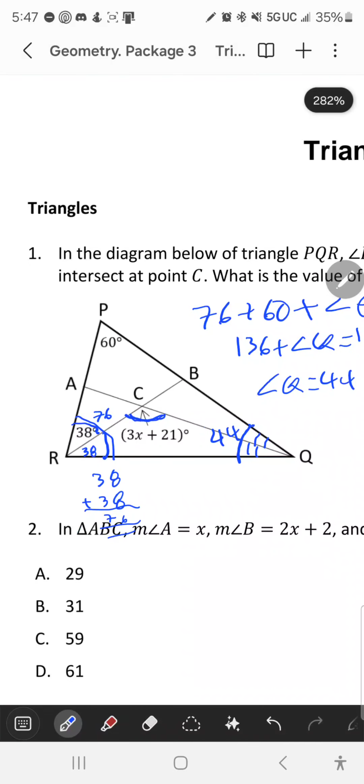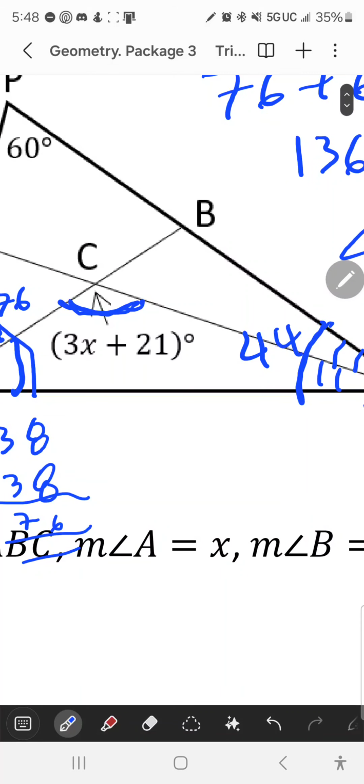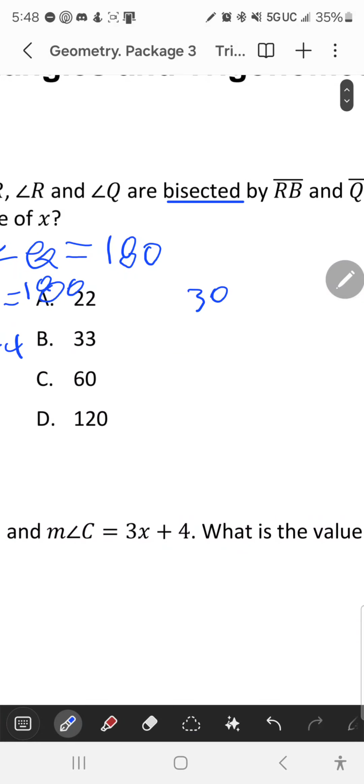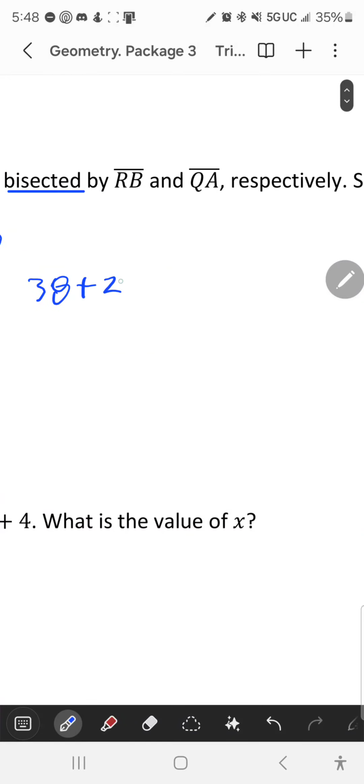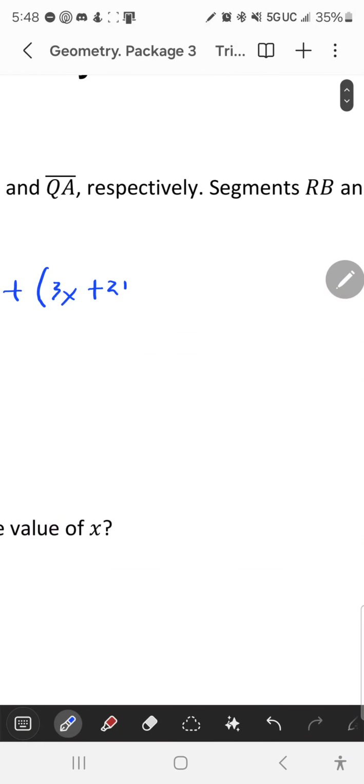Now we know that AQ is bisecting angle Q. So it means that these two little angles are equal to each other. So I'm just going to divide 44 by 2, and I get that this angle is 22 and this angle is 22. Now we have everything we need to get the value of x. So I could say that 38 plus 22 plus 3x plus 21 equals 180.